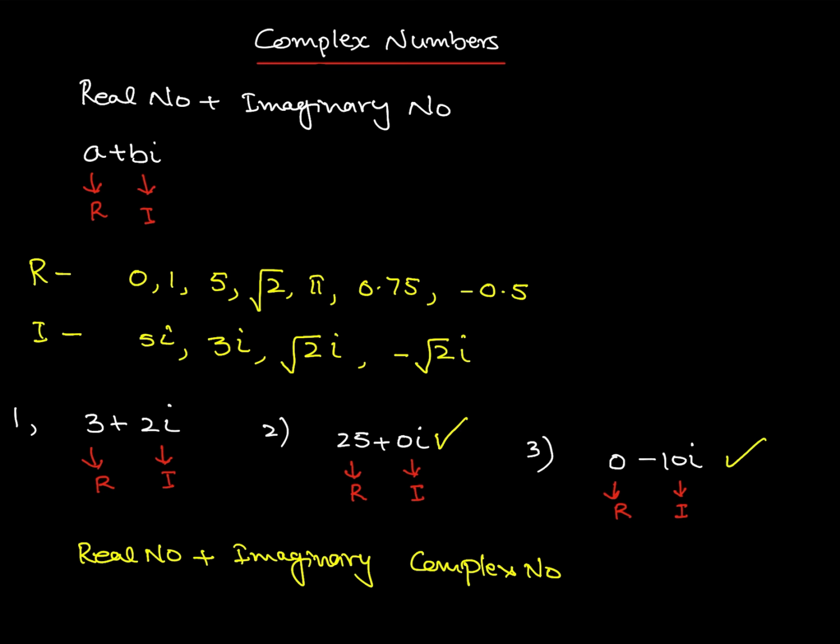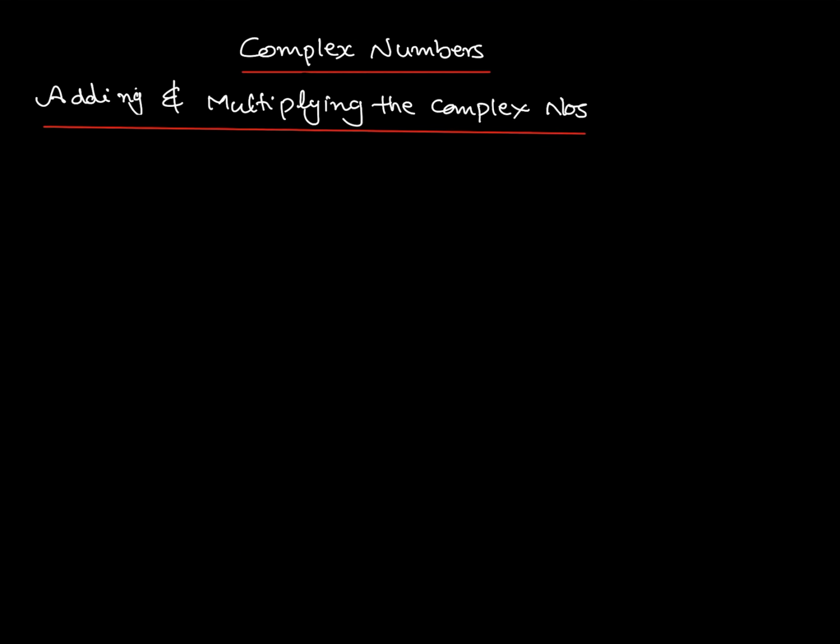And next is how to add and multiply the complex numbers. The first example I am taking is how to add the complex numbers. Suppose I am taking 5 plus 7i plus 7 plus 5i. How to add the complex numbers? The same principle we apply here like we do in our algebra.